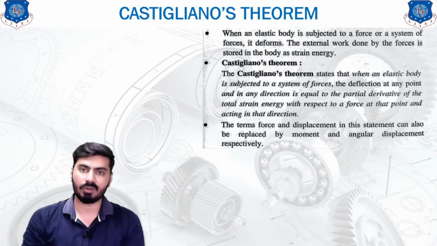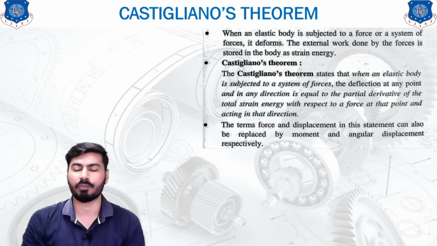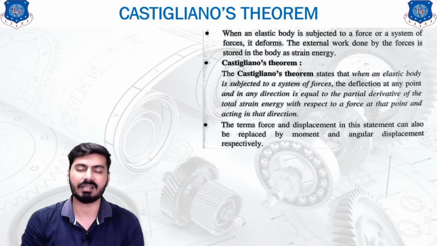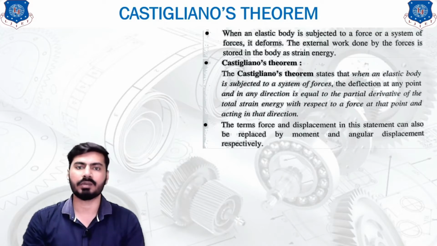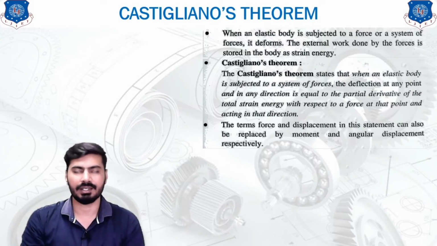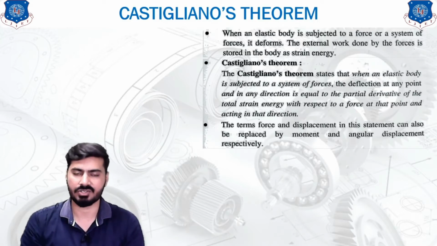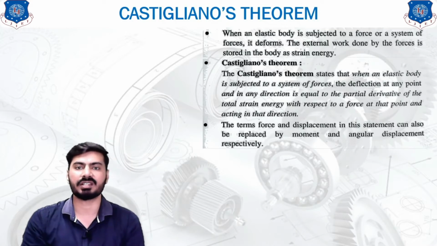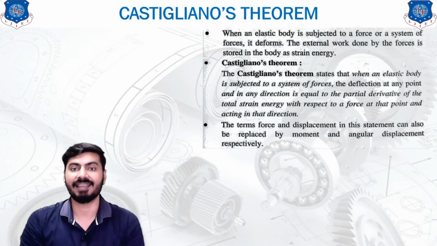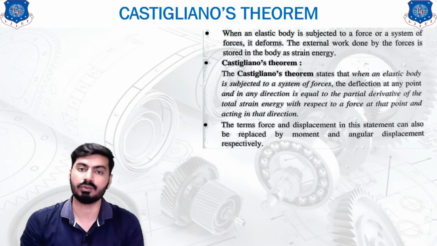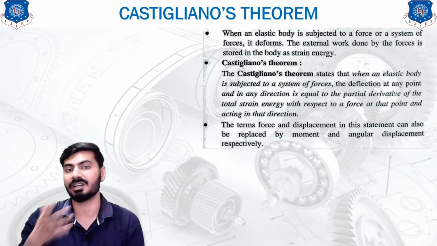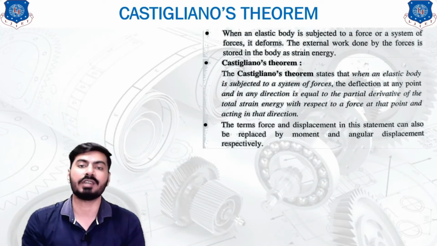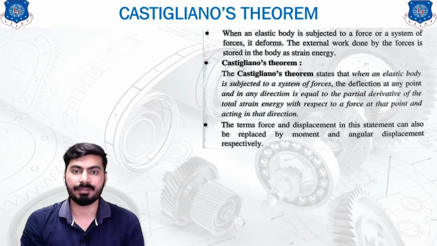In order to calculate the deflection occurring in your body, whatever the elastic body we are considering, in our case the beam, but whatever the body, whatever its shape or dimensions, if it is subjected to certain values of forces or a system of forces, then you need to do a partial derivative of the strain energy in order to calculate the deflection of the beam in any direction. Now, how can we do this?